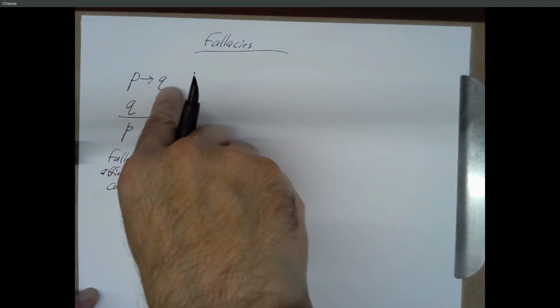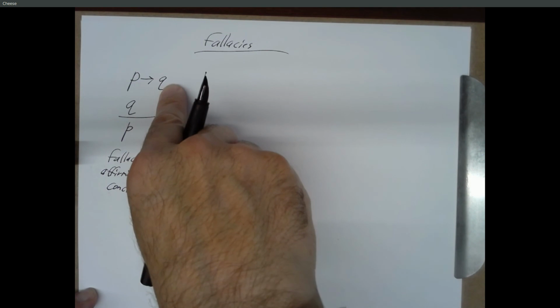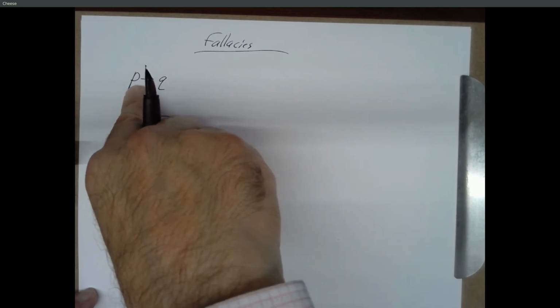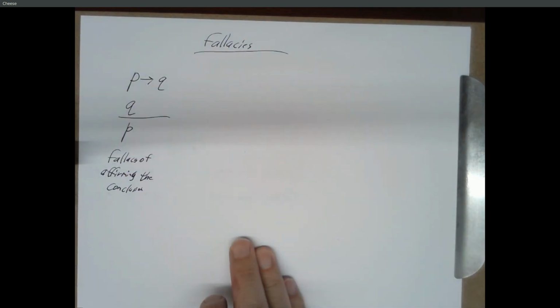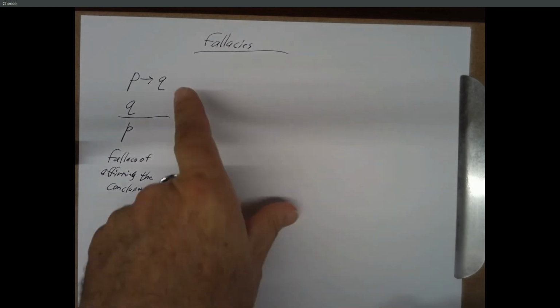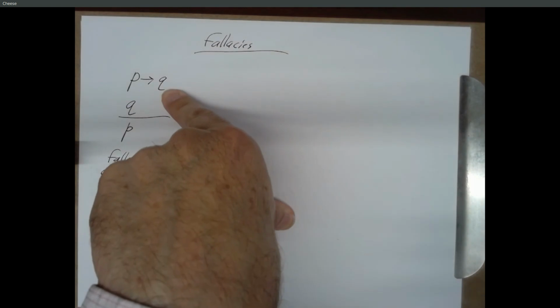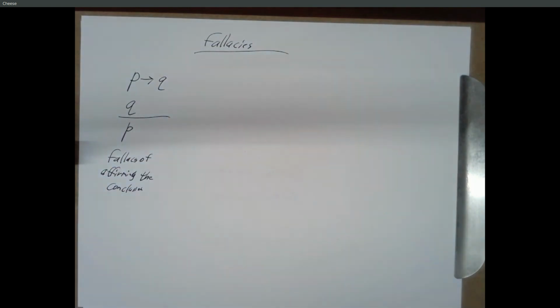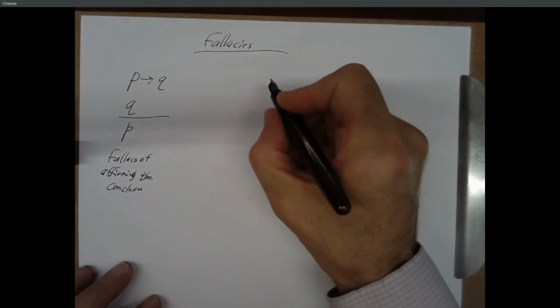So given the conclusion being true, we cannot conclude that the hypothesis must be true. The implication only goes in one direction. If P, then Q. If Q is true, P might be true, it might be false. If I win the lottery, the sun will rise tomorrow. Well, it's probably going to rise tomorrow even if I don't win the lottery. So that's a common fallacy.